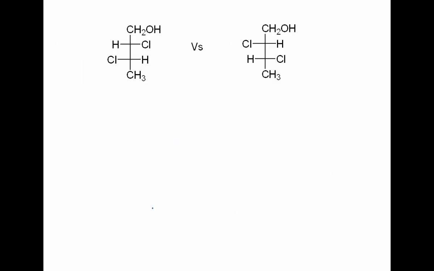The last one is a Fischer projection, but we do the same analysis. We look at each chiral center and see if it's different. So what about we go from here to here? They're opposite. We go from here to here. They're also opposite.